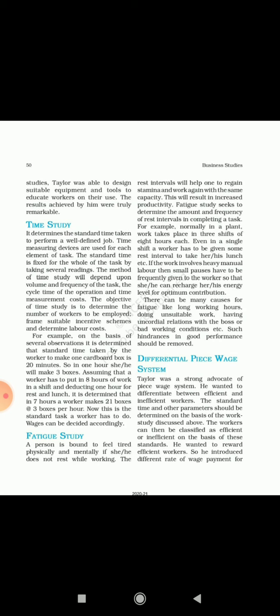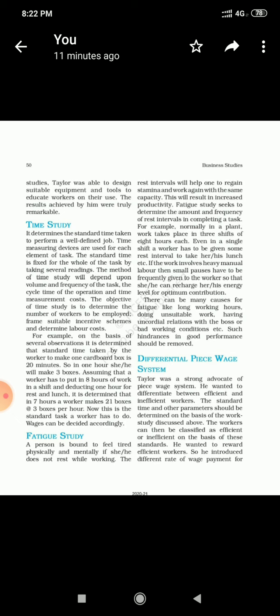Next, the differential piece wage system. The scientific technique of differential piece wage system insists on paying different rates of wages to effective and ineffective, or efficient and inefficient, employees.